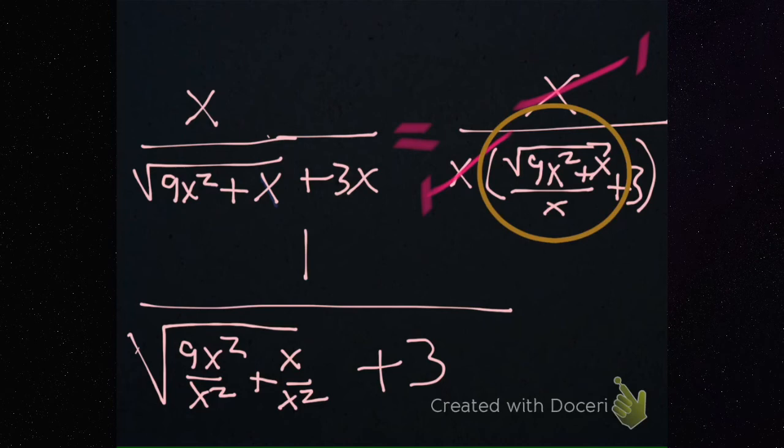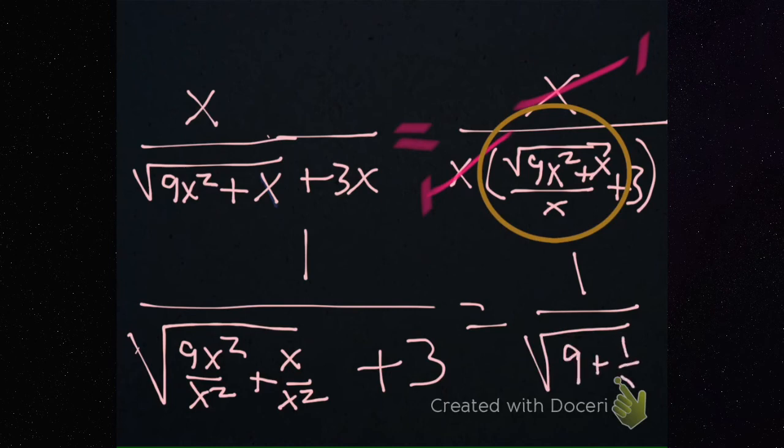How's that working for you? Now I know this is getting a little long, but there's a lot going on. Now I'm going to reduce. So that's 1 over the square root of 9 plus 1 over x, and then plus 3. Okay.